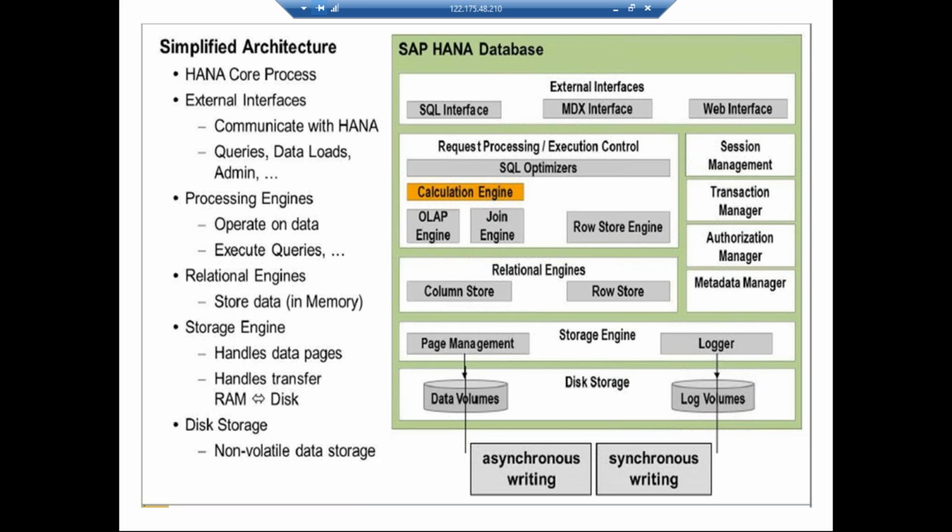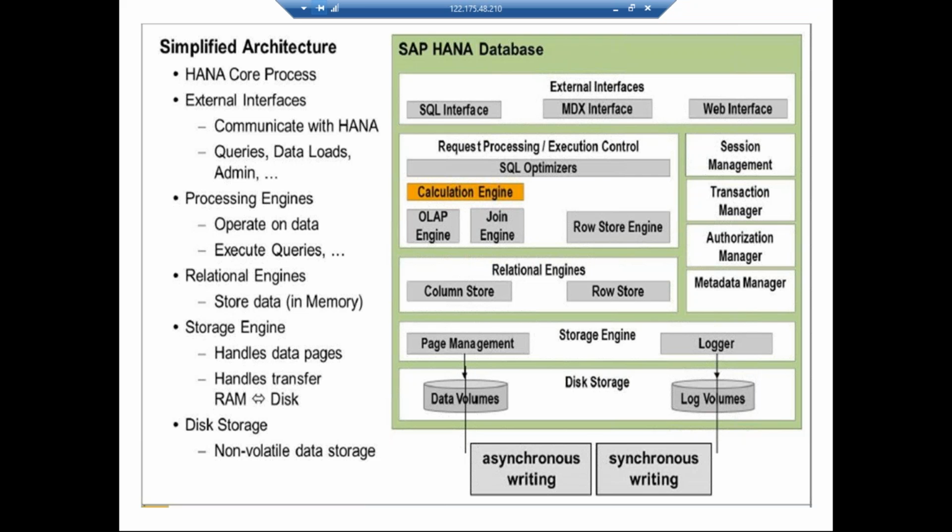So whenever a command has to be executed, first of all, the system will prepare a plan of execution called the execution plan. And that execution plan will be stored in the memory only.